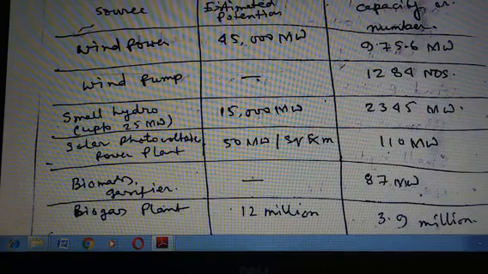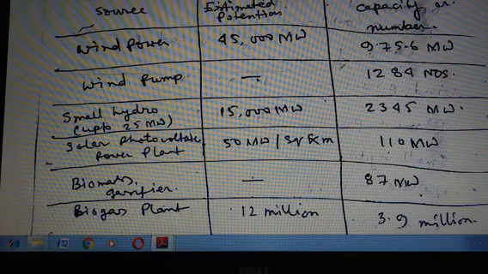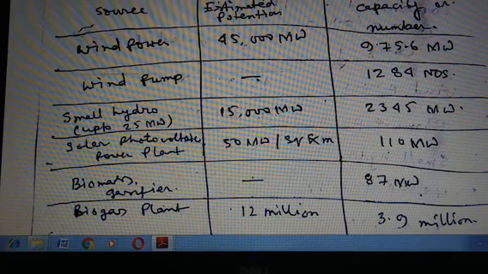In 2009 for small hydropower, that is power rating up to 25 megawatt, the estimated potential is 15,000 megawatt, whereas the installed capacity in this period is 22,345 megawatt.